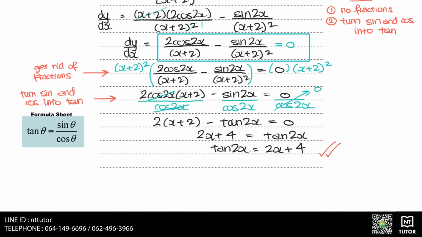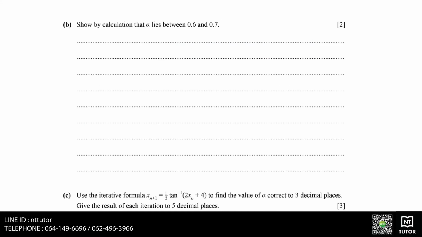B. Show by calculation that alpha lies between 0.6 and 0.7. From part A, we already know that alpha satisfies the equation tan 2x equals 2x plus 4.